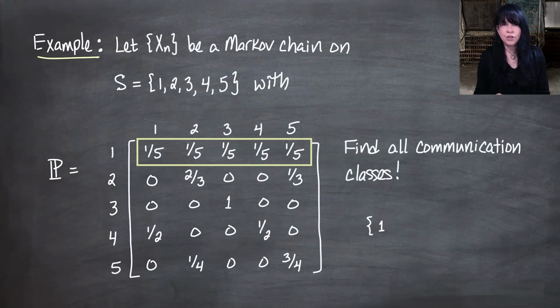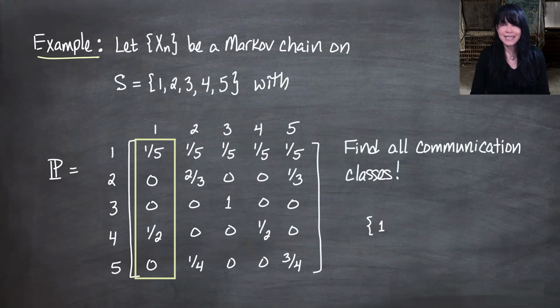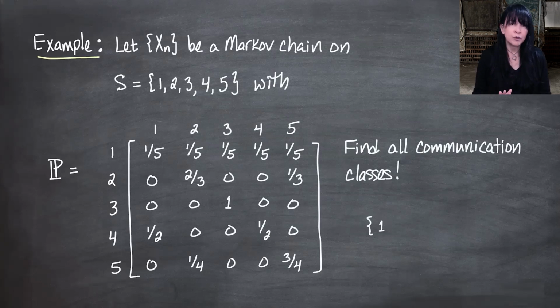But if you look at the one column, you can see that I can go from state 4 to state 1. So you can see I can go from 1 to 4 and I can go from 4 to 1 in just one time step. That's enough to say that they communicate and they should be in the same communication class. So I'm going to add state 4 to this particular set. I'm writing my different classes as sets of elements.